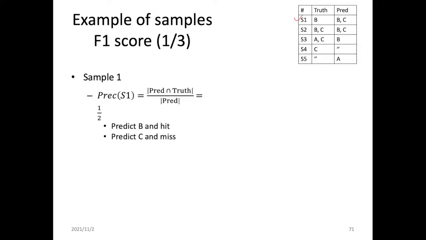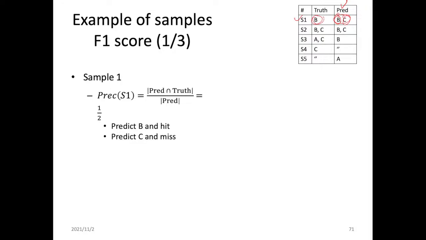For the first sample, the true label is B, and the predictor predicted B and C. So what's the precision? Let's think about the original definition of precision. Precision is, when the predictor predicts something, what's the percentage that is correct? You just consider that the predictor predicted B and C as positive. A is negative.